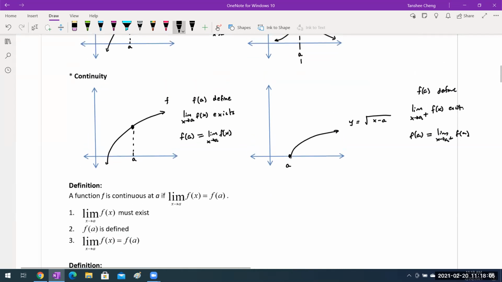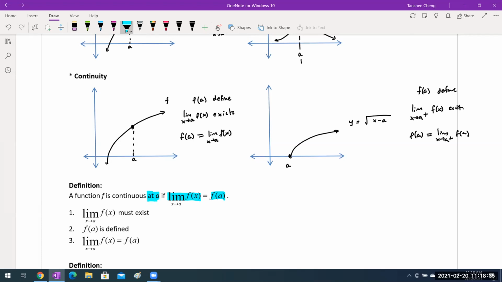A function is continuous if the limit as x approaches a of the function exists, and also the function is defined, and the limit value and the function value must be equal to each other. Only if these criteria are met do we call the function continuous at that particular point a.